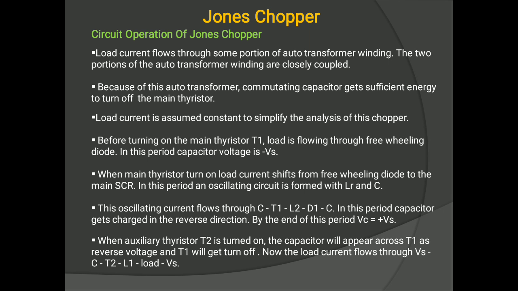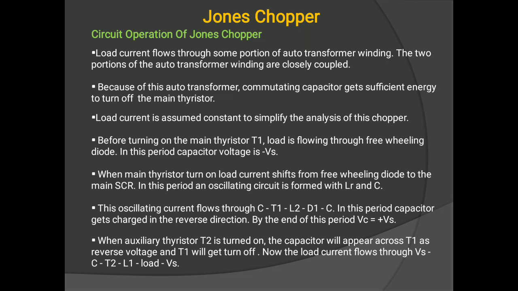Let us assume the capacitor C is initially charged to a voltage EDC with the polarity as shown in the figure. Now thyristor T1 is triggered at time t equals T1. Current flows through the path CA, T1, L2, D1, CB and capacitor C charges to the opposite polarity.